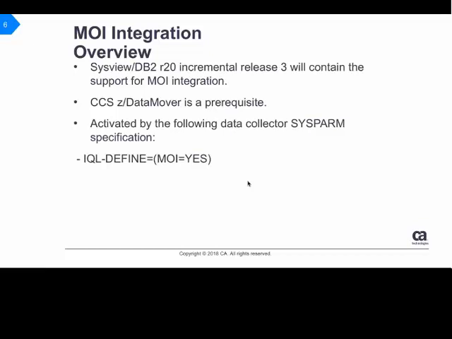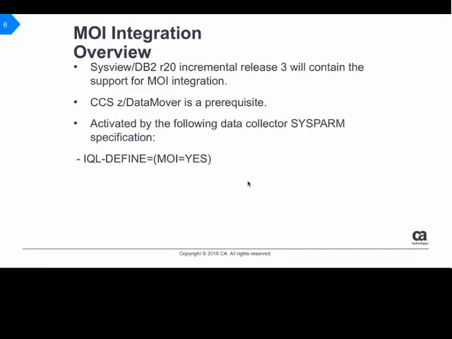Our integration with MOI was made available in Release 20 of SYSVIEW for DB2 at incremental release number 3. There is a CA Common Services component called CCS Z Data Mover that must be installed prior to any attempt to use MOI integration in SYSVIEW for DB2.